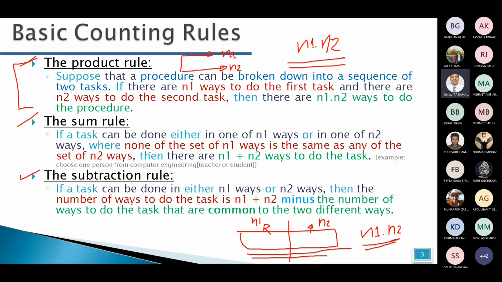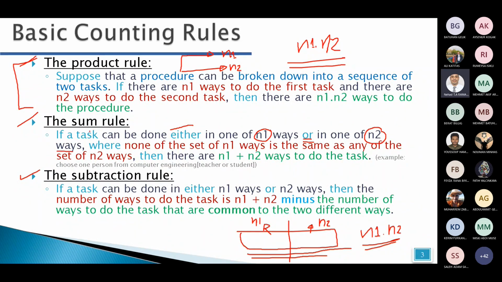Okay, what about the summation rule? Summation rule: if a task, one task here, we don't divide this task, we speak about one task that can be done either using n1 ways or in n2 ways.